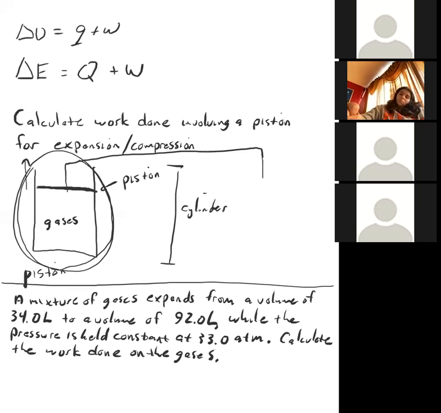Okay, now in this problem, they tell you it's helium and they tell you it's hydrogen, but that's not important for this type of problem. It doesn't matter what the gases are. Okay, so you have these gases in here. Now, when they say that the pressure is held constant at 33 atmospheres, really what they're telling you is that in this cylinder, in this piston, there's a pressure pushing down.